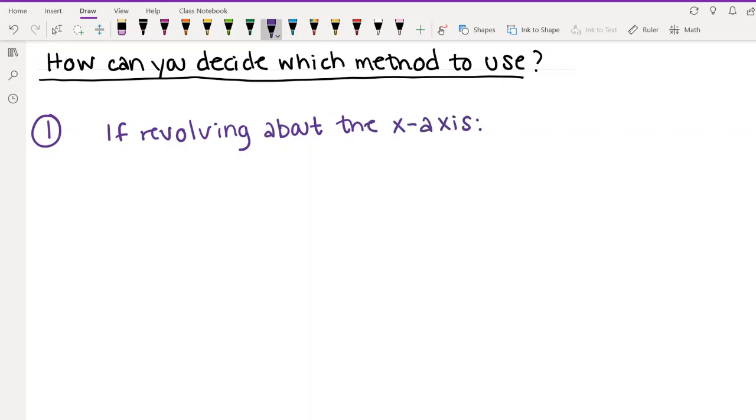If you wanted to use the washer or disc method, well, that means that you're going to be integrating with respect to x.